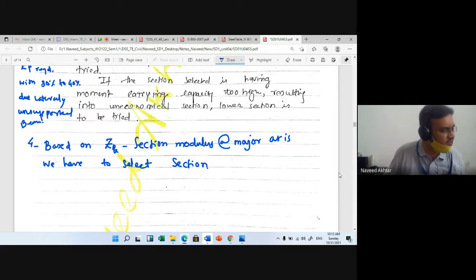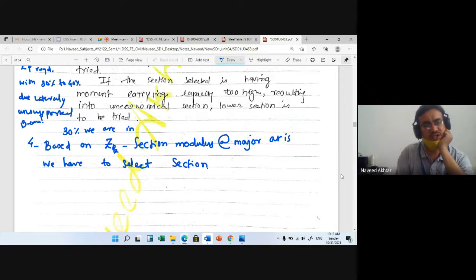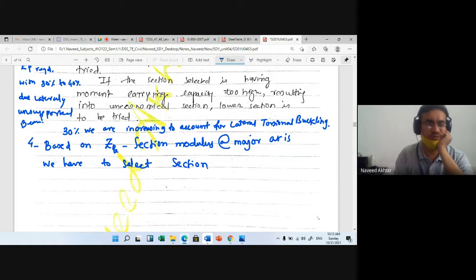why are we increasing it? Why this 30% we are increasing is to account for lateral torsional buckling because of the laterally unsupported beam.